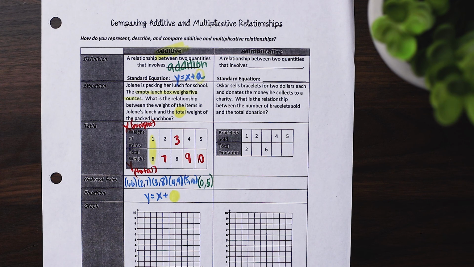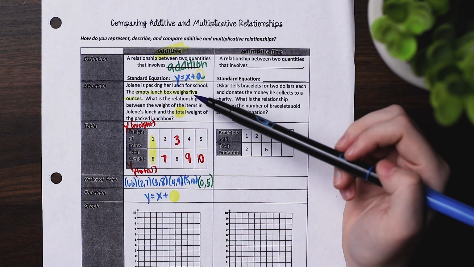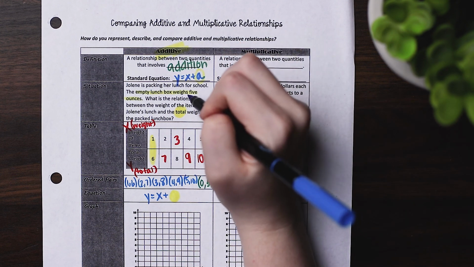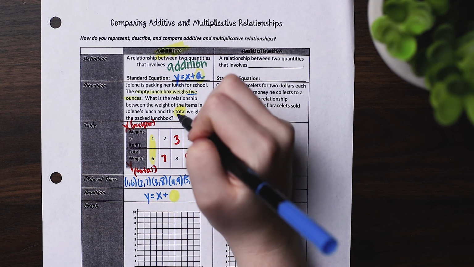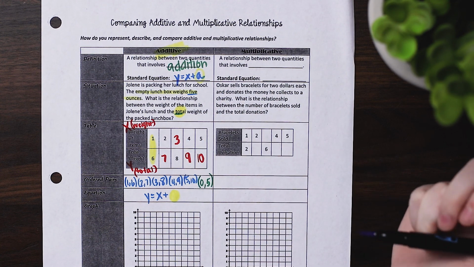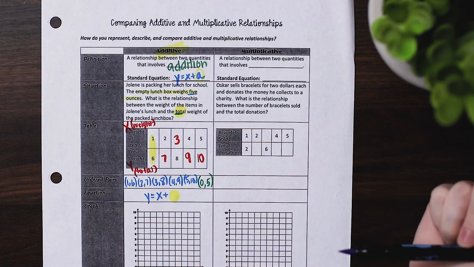So I'm going to look for information either in my problem or from my table. In my problem right here, my only number is 5. And because of this word total, I've established that it's an additive relationship. So technically, I should know that it's x plus 5.